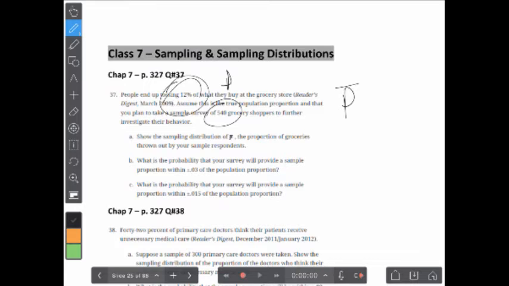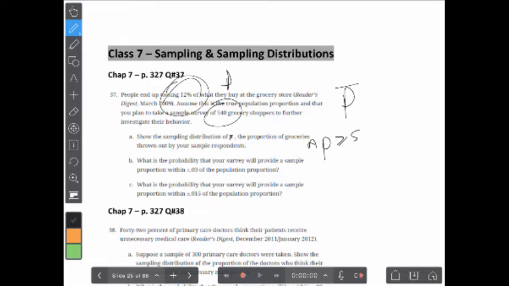We can use a normal approximation to the binomial if P times n is greater than or equal to 5. P here is 12%, and 12% of 540 is greater than 5. Just 10% is 54, so 12% is even higher. That's satisfied, and therefore 88% is also going to be larger than 5. So the conditions for normality are met.